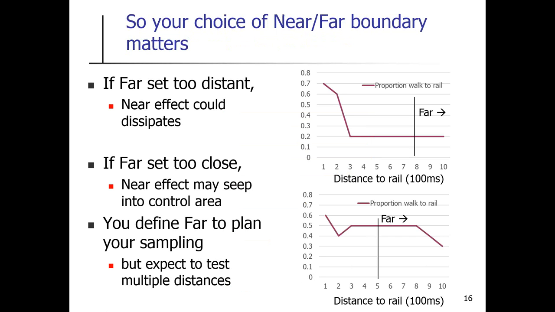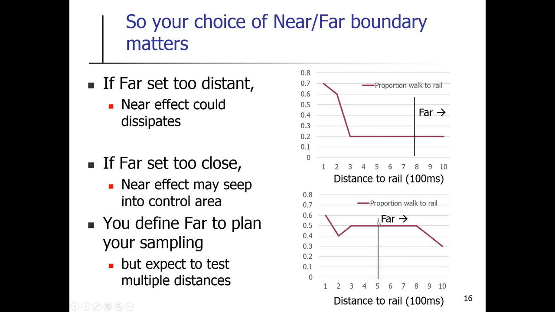Your choice is going to matter. I made up some data here to illustrate this. If you set your far boundary too distant, then any near effect you get, if it dissipates quickly, may wash out your difference between near and far.